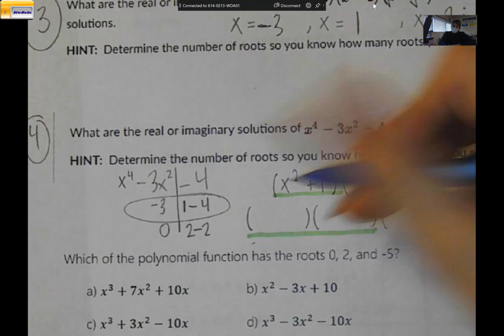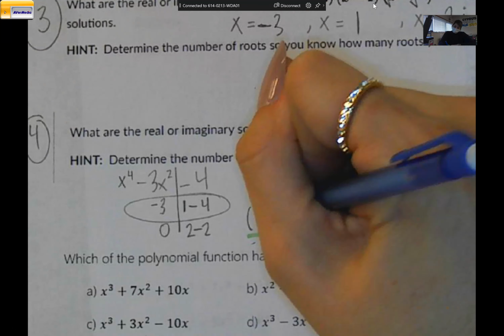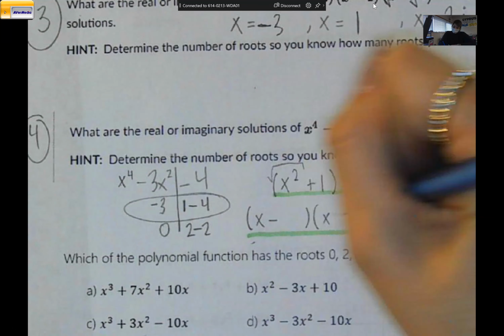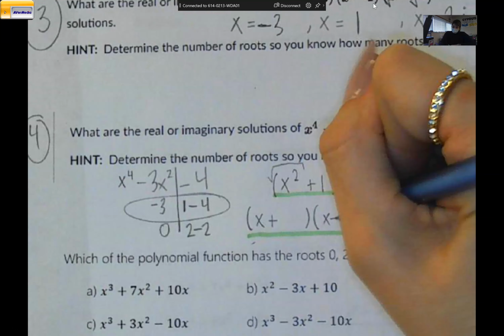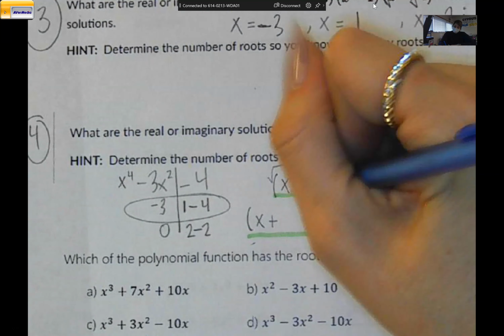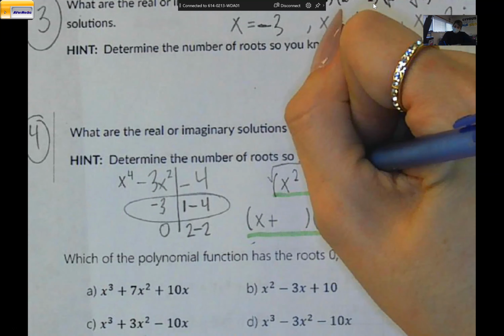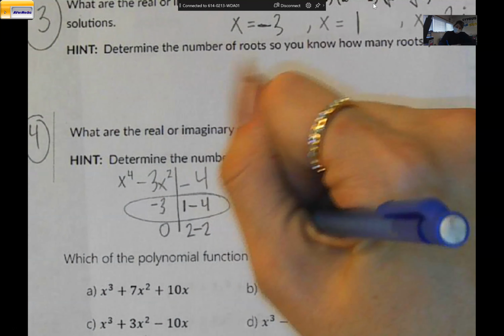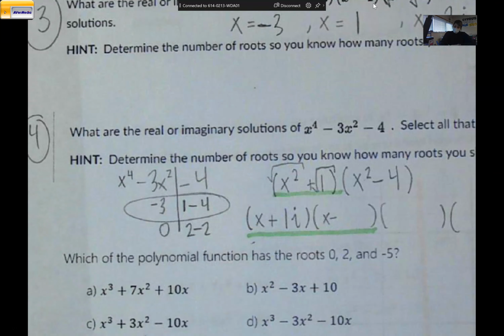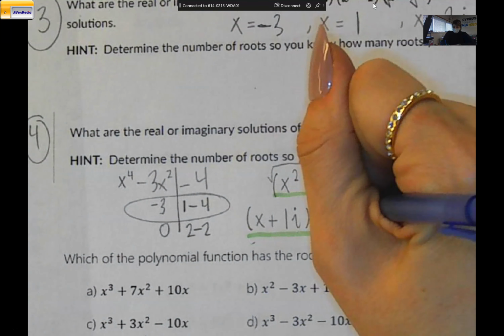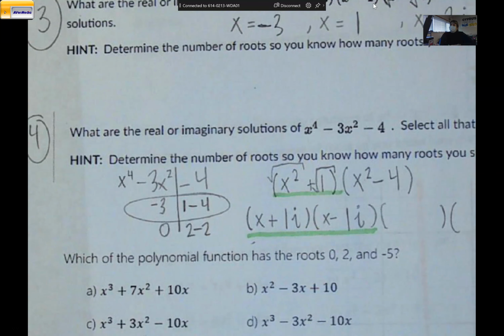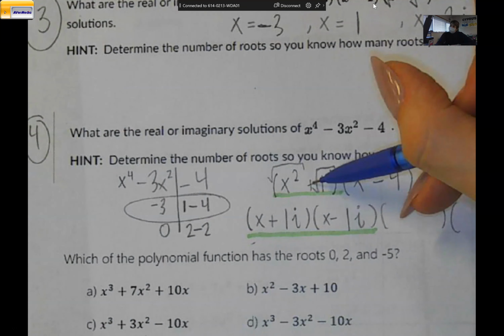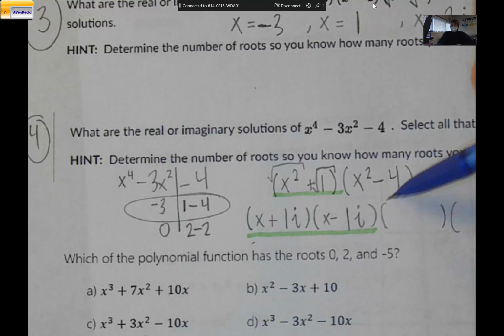We root the x. That gives us x plus and a minus. We root 1. What's the square root of 1? 1. So we get an x plus 1i and an x minus 1i. How did I know we had i's on this one? Because it's a plus right here. This one's the same.